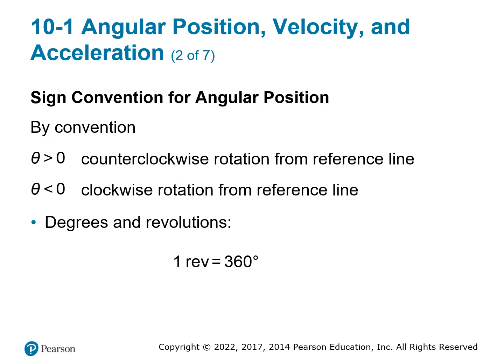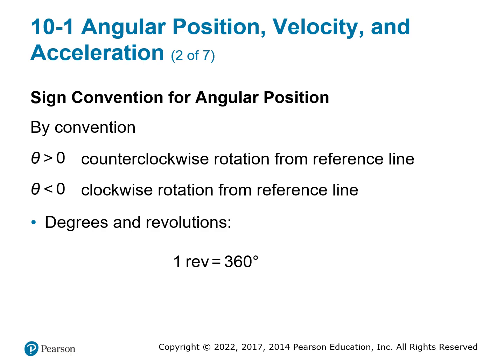If theta is bigger than 0, then you have counterclockwise rotation happening from the reference line. If your theta is less than 0, then you have clockwise rotation from the reference line. So when you talk about angular position, sometimes they will make references and measurements either in degrees, revolutions, or radians, theta.